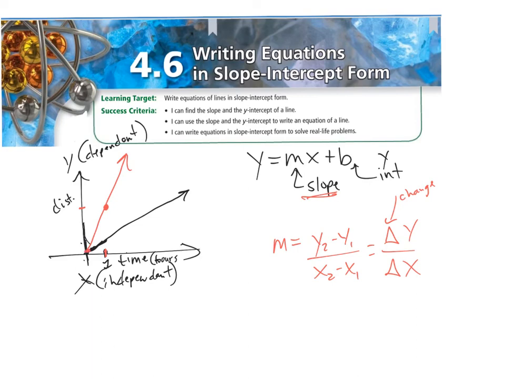So if my y went from here to here, the change in x is 1. In this particular point right here, I've only changed 1 on my x, but I've changed whatever this number is, call it 10. So that'd be 10 over 1. So my change in y would be 10, my change in x would be 1, so therefore my slope would be 10.